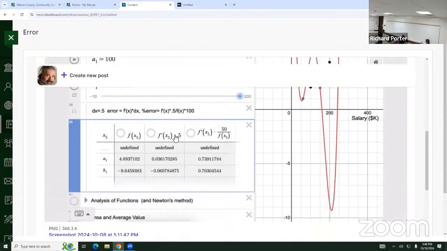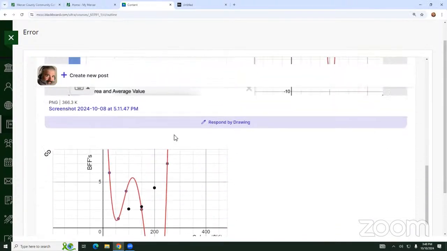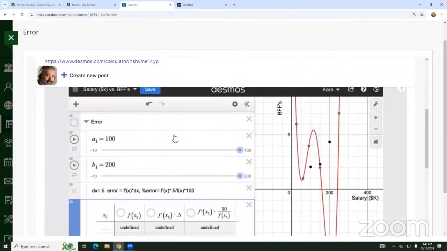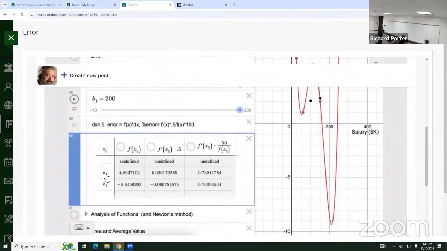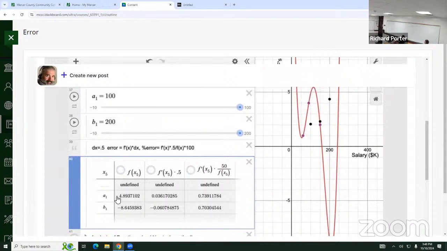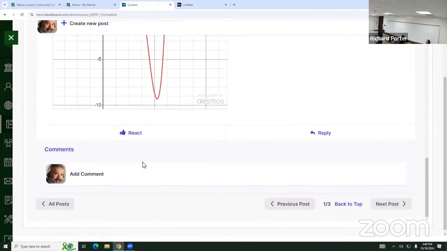One thing you're going to have to do, Kara, are you there? Yeah, I'm here. Okay, so this isn't useful because I see, no, it is A1. So 100,000 and 200,000 are two salaries that you've identified. That's good.